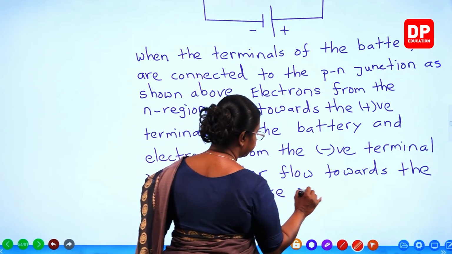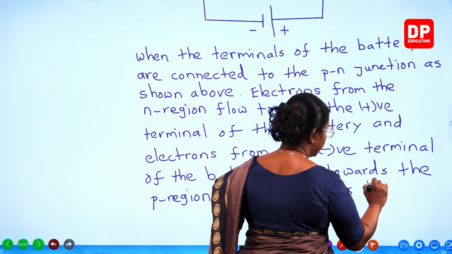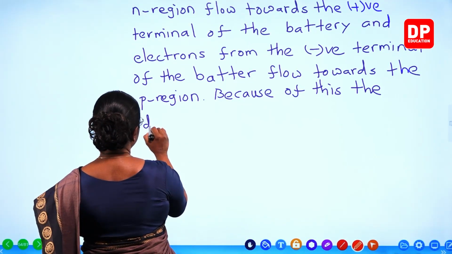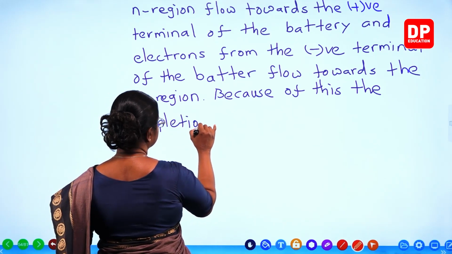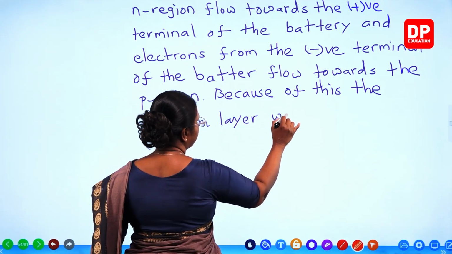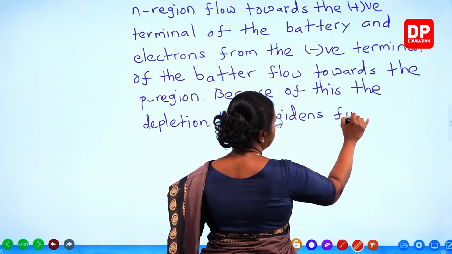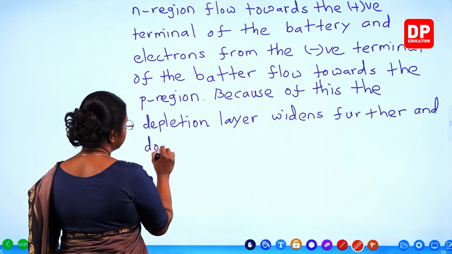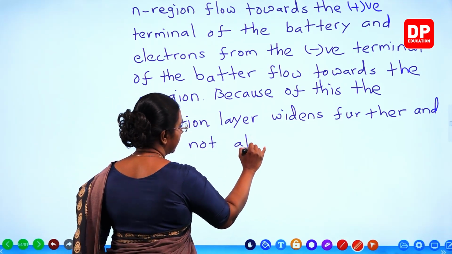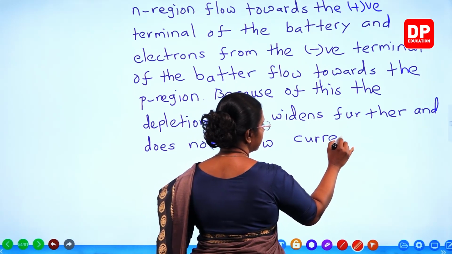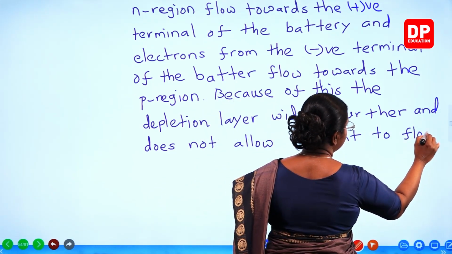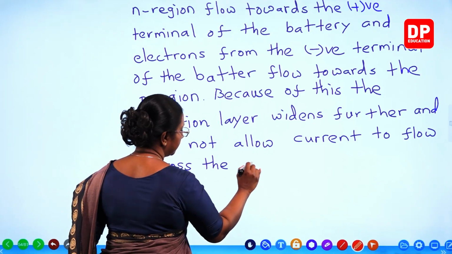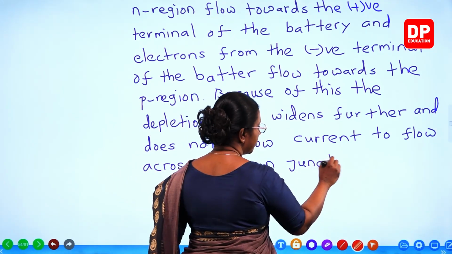Because of this, the depletion layer widens further and does not allow current to flow across the PN junction.